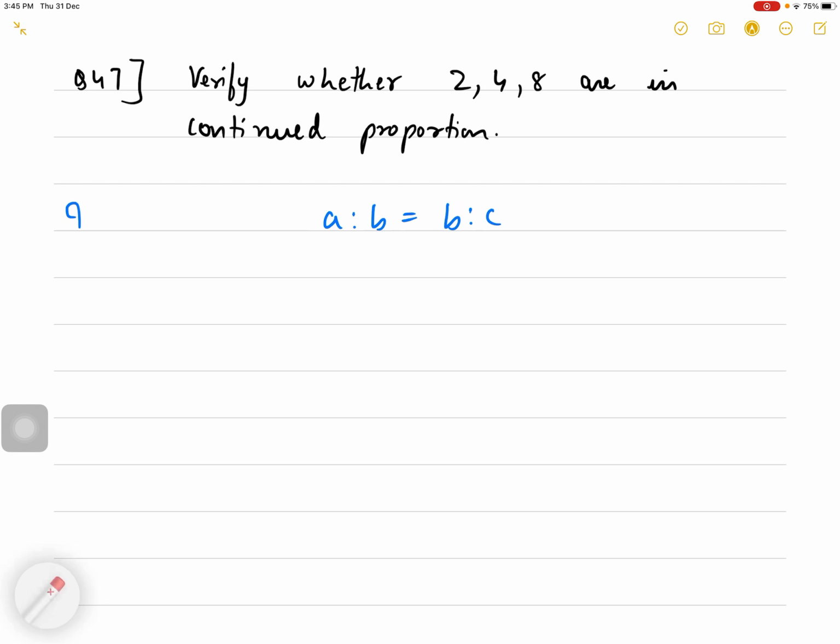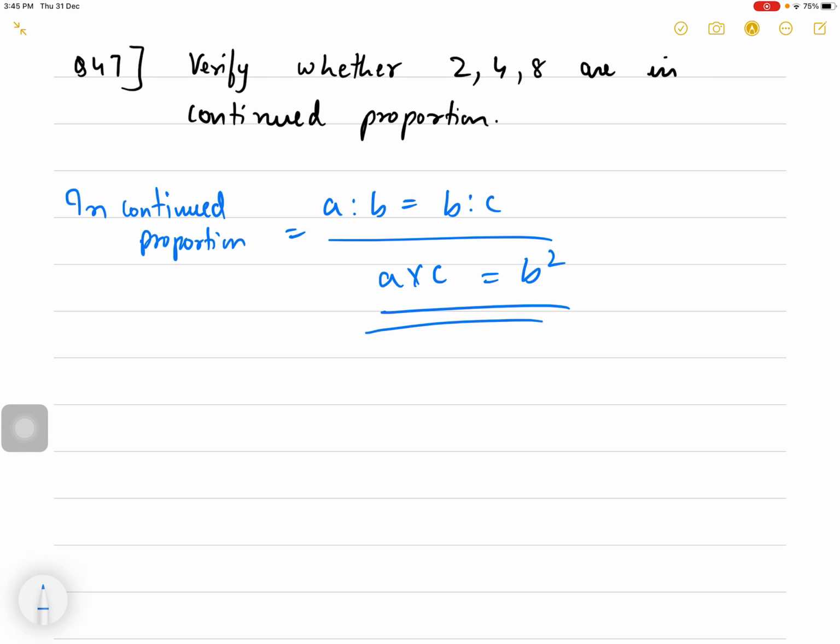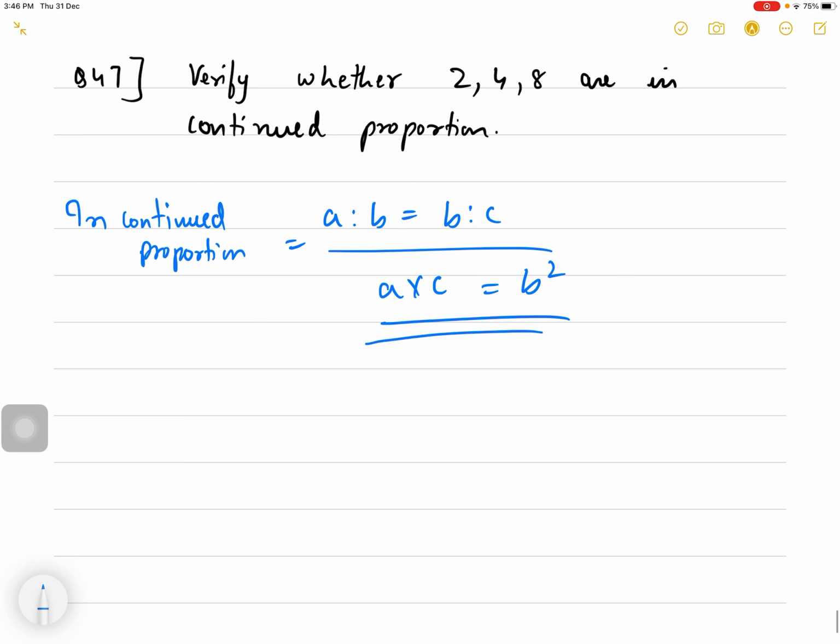So I'll just write here, in continued proportion, A is to B is equal to B is to C, right? So that means A into C is equal to B square. In continued proportion, A into C is equal to B square, right?